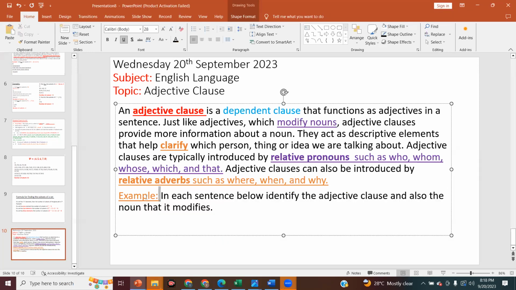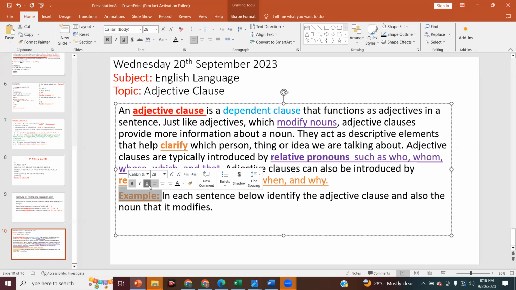So I'm going to give you several examples, and you're going to tell me what is the adjective clause in the sentence, and what is the noun that is modified by the adjective clause.